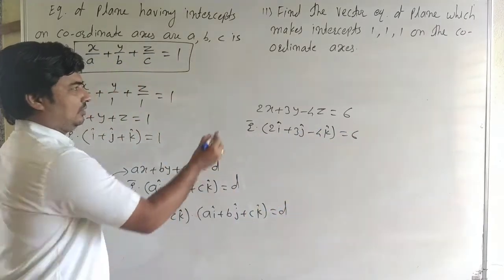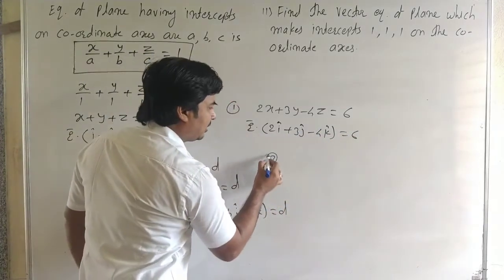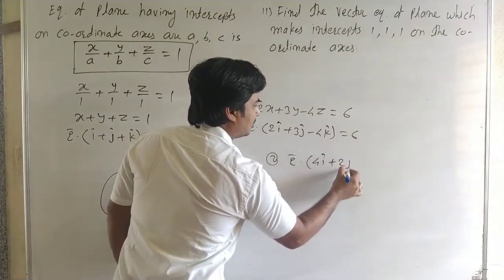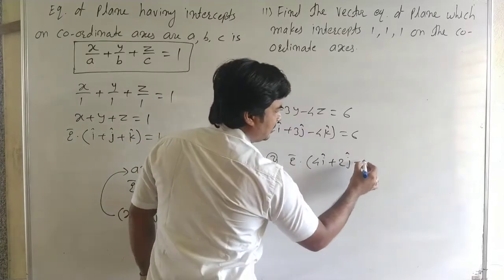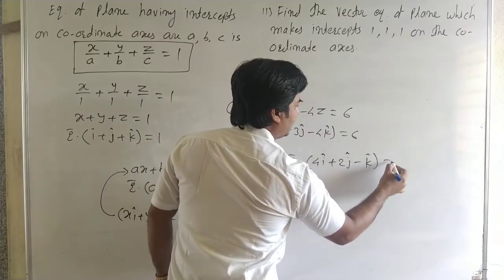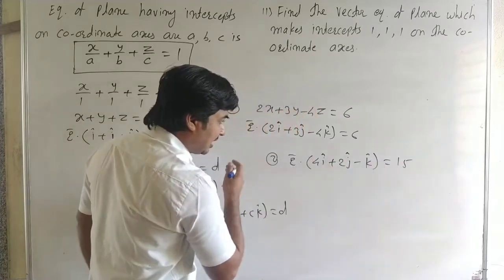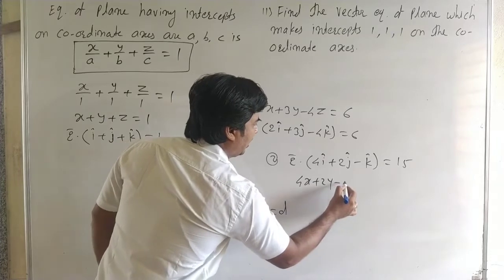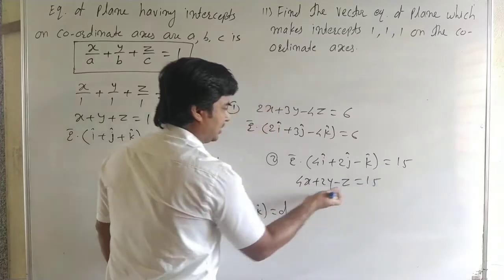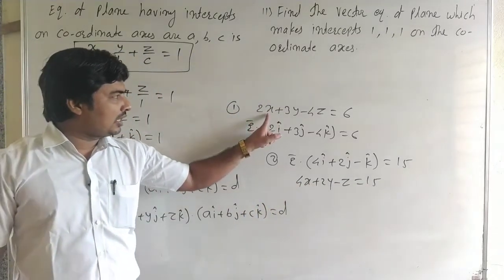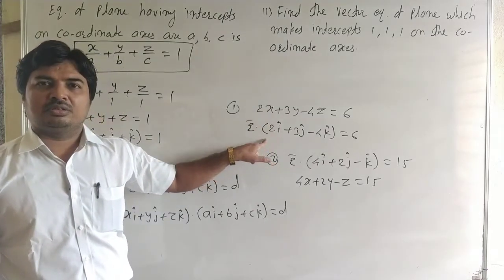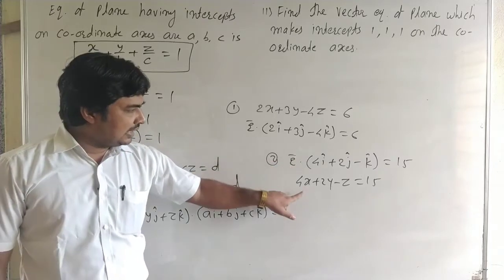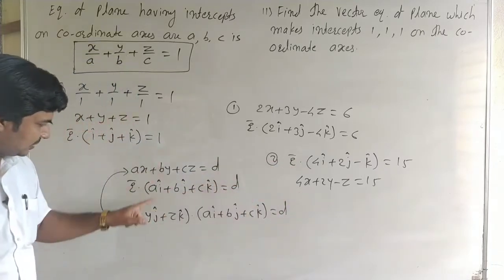And when the given vector equation is r bar dot (4i cap plus 2j cap minus k cap) is equal to 15, then its Cartesian equation is 4x plus 2y minus z is equal to 15. When given the Cartesian equation, we can write the vector equation; when given the vector equation, we can directly write the Cartesian equation.